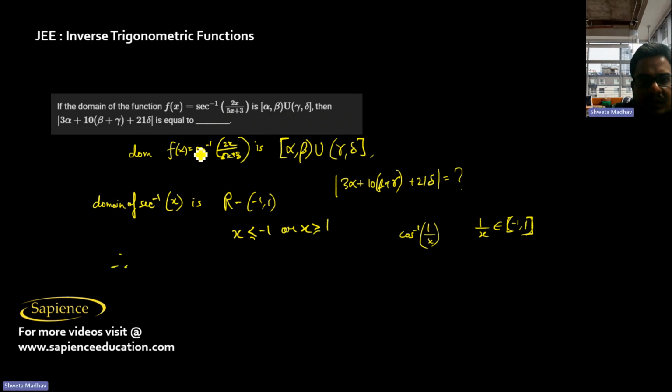Therefore 2x by 5x plus 3 should be either less than or equal to -1, or 2x by 5x plus 3 should be more than or equal to 1.